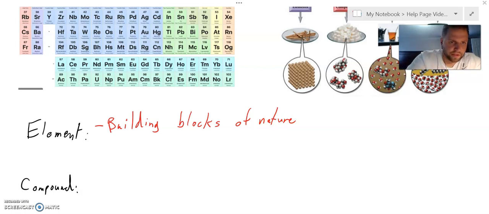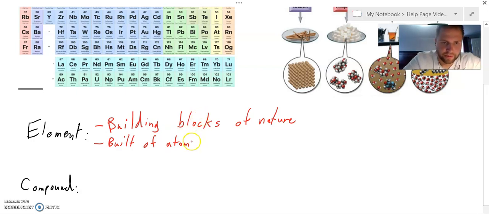Something we can add is that elements are built of a word called an atom, and they're built of atoms of the same kind.